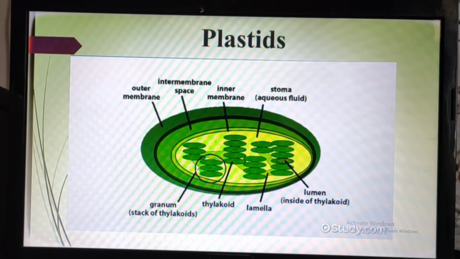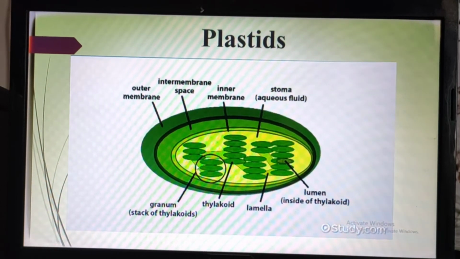I have already told you that chloroplast has a pigment. It also has various sizes and various shapes. Okay, and this chloroplast has a pigment called the green pigment. That means plants have leaves and that particular leaf has a green color.